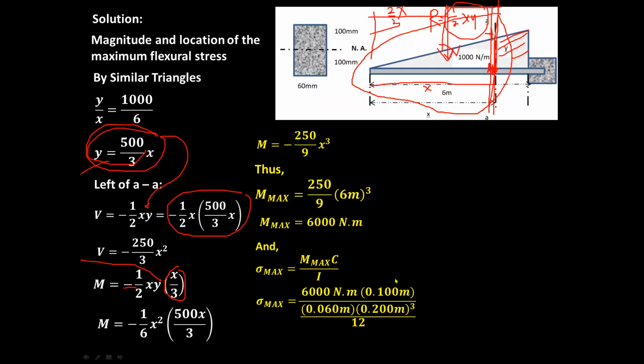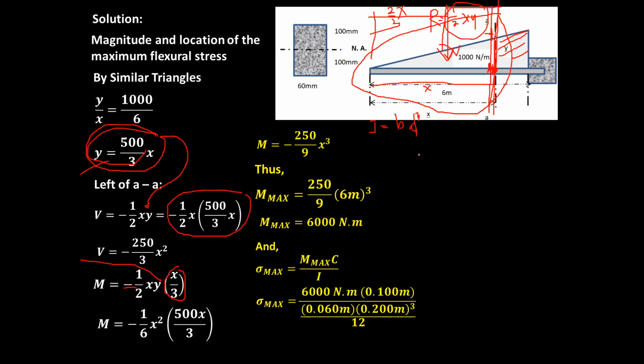Okay? That is also equivalent to 100 mm. Since rectangular yan, ang ating I will be BD cube over 12. Hindi ba natatandaan na kapag rectangular, ang formula ng I, balikan ninyo yung napag-aralan ninyo, will be BD cube over 12.